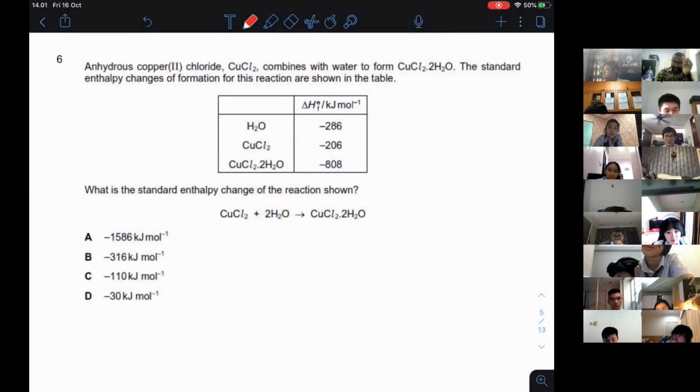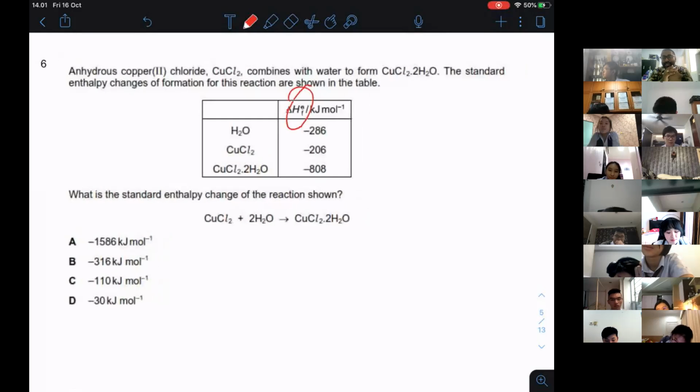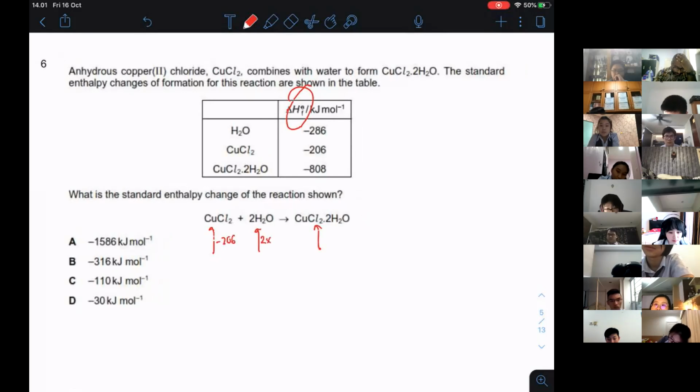Here you see you have all the data related to enthalpy change of formation. So I will make it faster so that we learn. Just put formation, formation, formation. This one to form negative 206. This one is 2 times negative 286, and this is going to be negative 808. I want the enthalpy change of reaction.